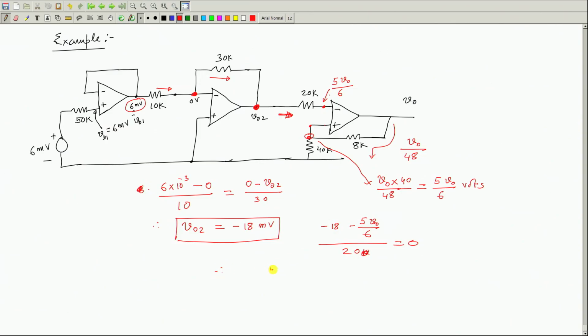Therefore, I can say 5 V naught by 6, this 20 does not matter, is equal to minus 18, and V naught will be equal to minus 18 into 6 by 5, that is minus 21.6 millivolt.